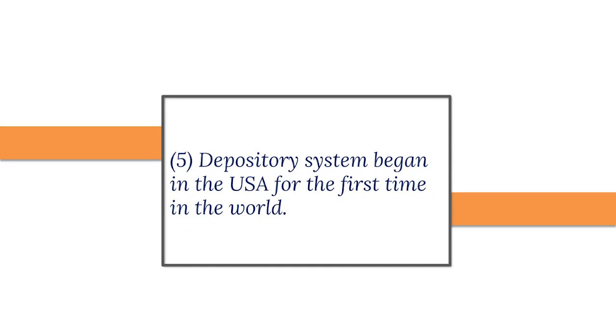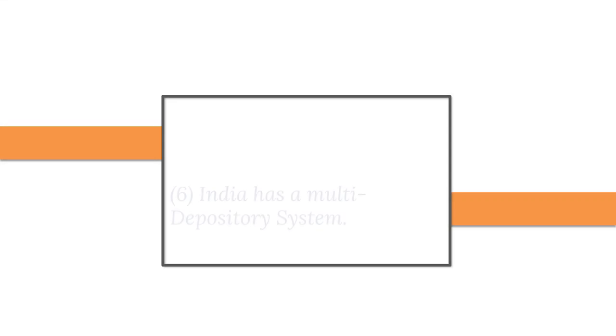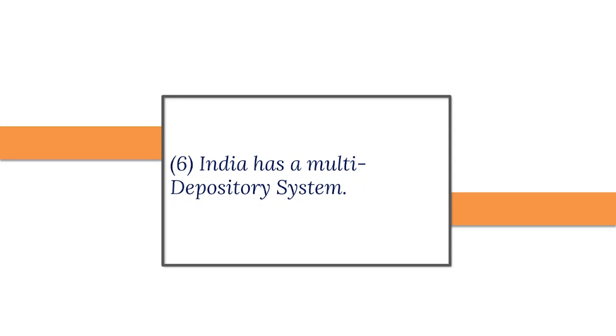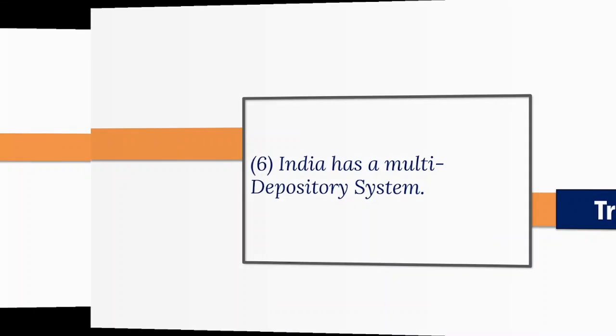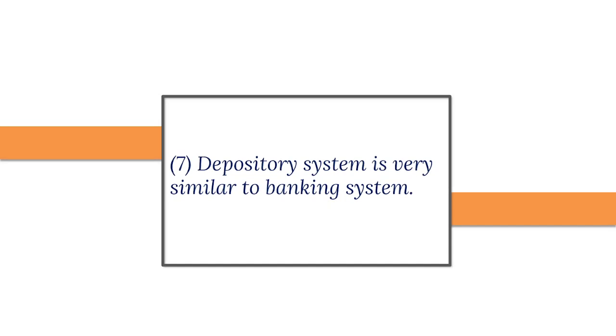5. Depository system began in the USA for the first time in the world. This statement is false. 6. India has a multi-depository system. This statement is true. 7. Depository system is very similar to banking system.